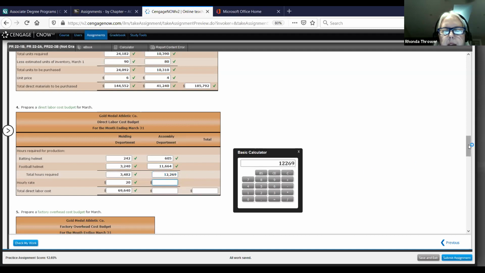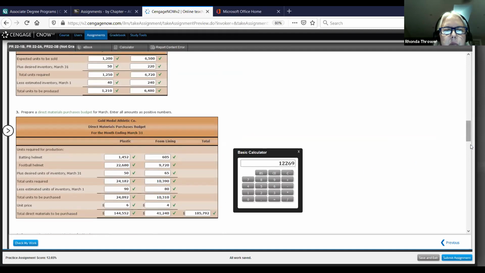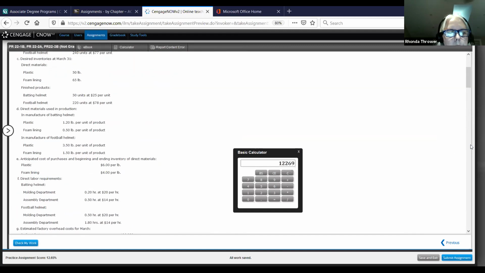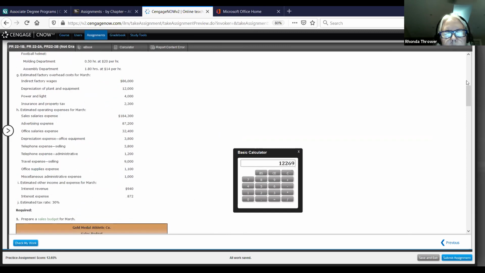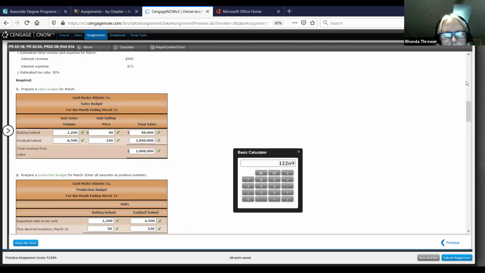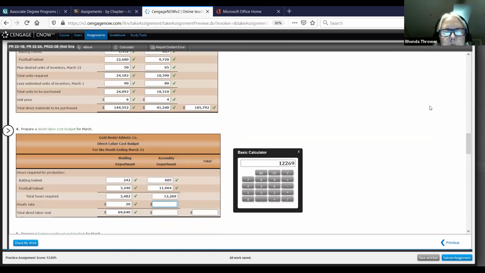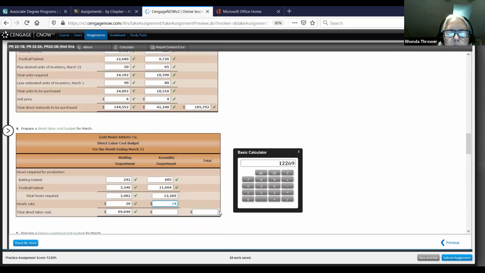And then we're going to multiply it by the hourly rate for the assembly department. The assembly department hourly rate is $14 per hour. Then I'm going to multiply the $14 per hour times the total hours required for the assembly department.